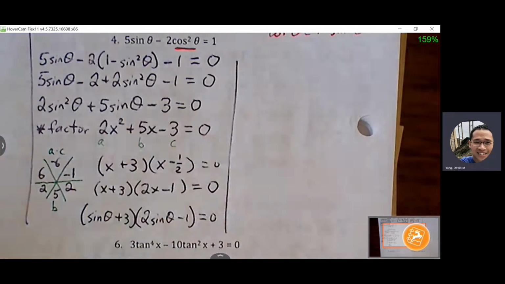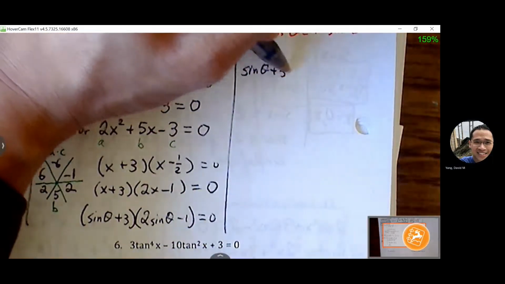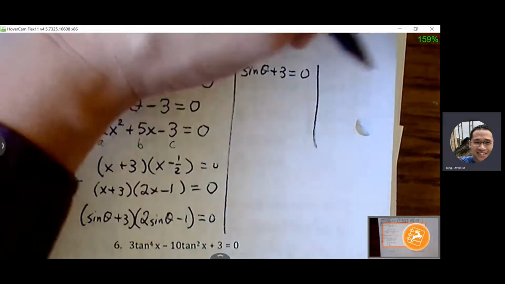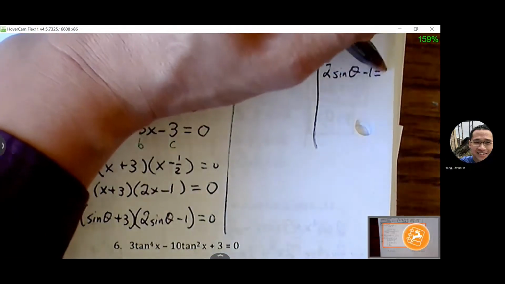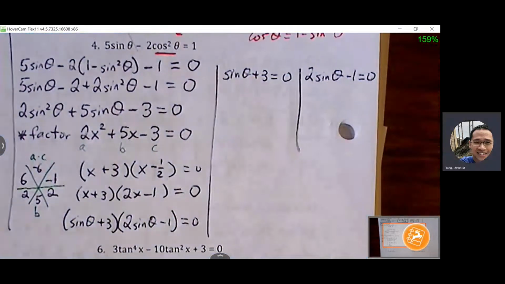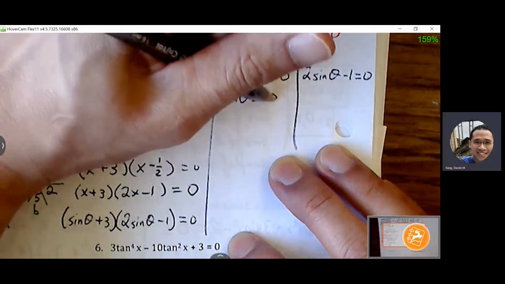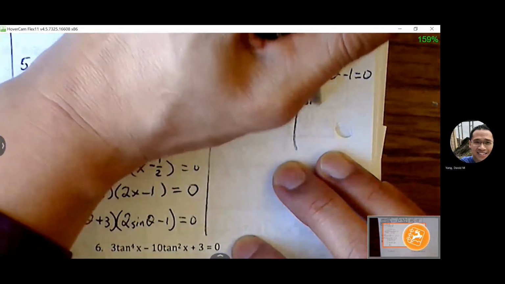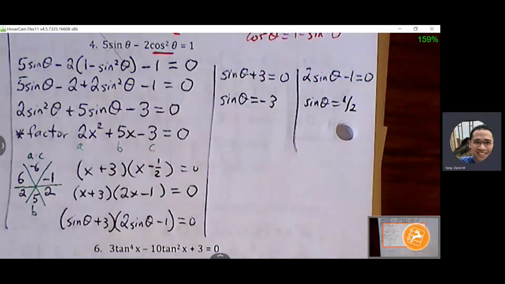Okay, we set each parentheses equal to 0 and see what we have. Okay, questions so far?